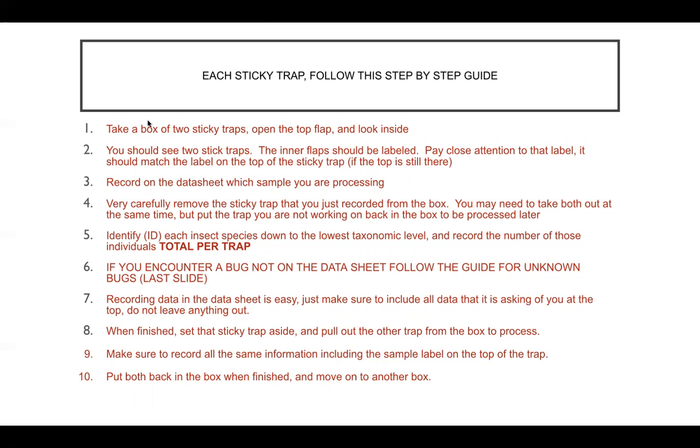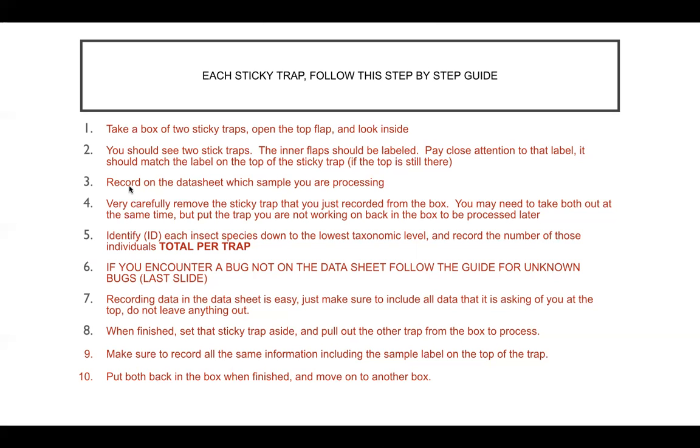The inner flap should be labeled, so pay close attention to that label. It should match the label on the top of the sticky trap if the top is still there. There's going to be 1 or 2 where the top is falling apart, and that's why we did it that way, to keep things consistent and to make sure the labels were clear.